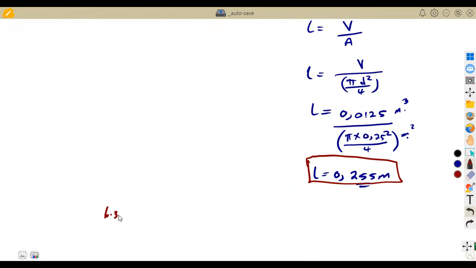Question 6.32. Remember, the work done is force times distance. That is the formula for work done, force times distance. The distance that is being traveled, in this case, is our stroke length. So our work done is going to be force times the stroke length.